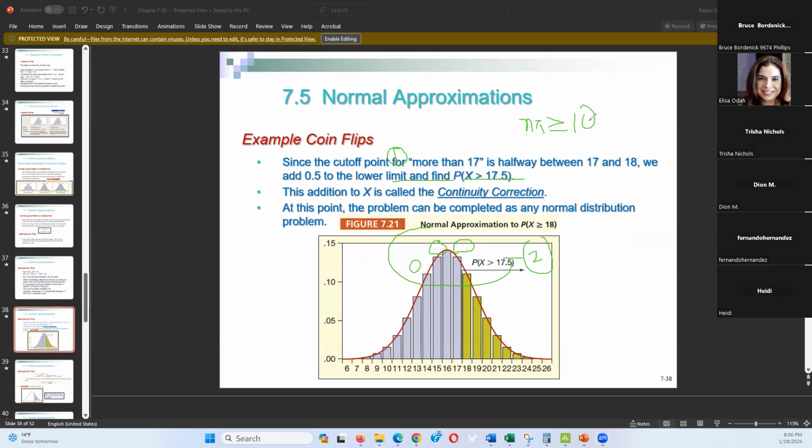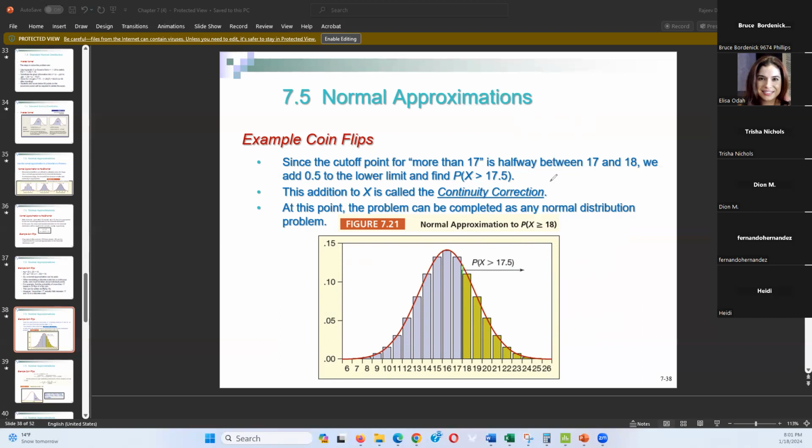Clear? So if it is more than 17 in discrete, it would be 18 and all above. But here it takes the value in between, not 18. So basically it is the middle point between 17 and 18. Similarly, less than 17 means 16 and 17, and in between 16 and 17 is 16.5.